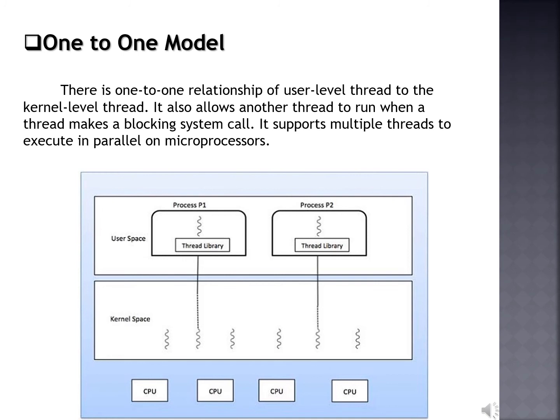The one-to-one model creates a separate kernel thread to handle each and every user thread. Most implementations of this model place a limit on how many threads can be created. Linux and Windows from 95 to XP implement the one-to-one model for threads.